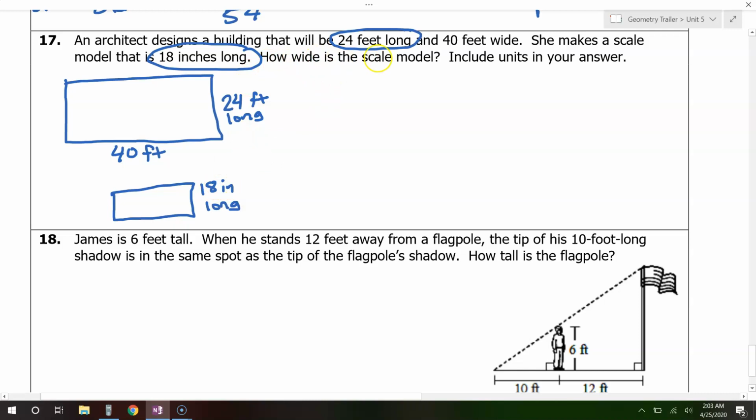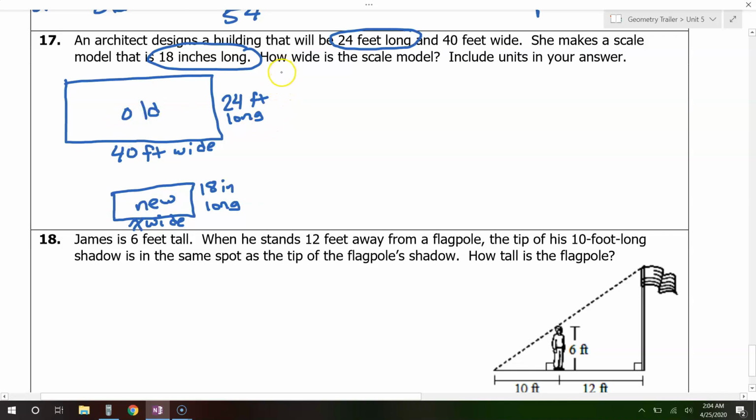But the question is, how wide is the scale model? So here we have 40 feet wide, and down here we're going to have x wide. So pick one to be new and one to be old.